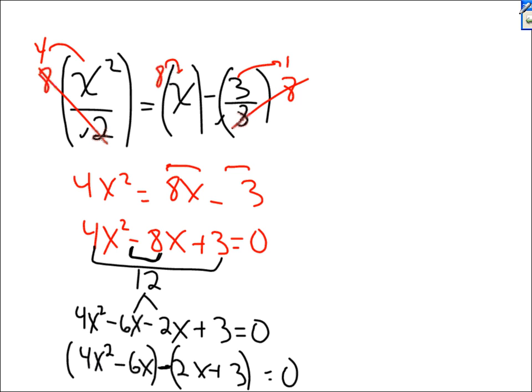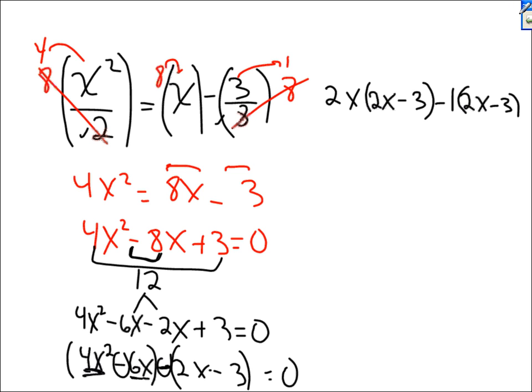Since there's a minus in the middle, no matter what that sign is, in the middle of the second bracket, it has to change. It was plus, it is now minus. From the first bracket, I can factor out a 2 and an x. So I get 2x. Well, 2x times 2x gives me 4x squared minus, and 2x times 3 gives me 6x minus. The only thing I can factor out from that second bracket is a 1.